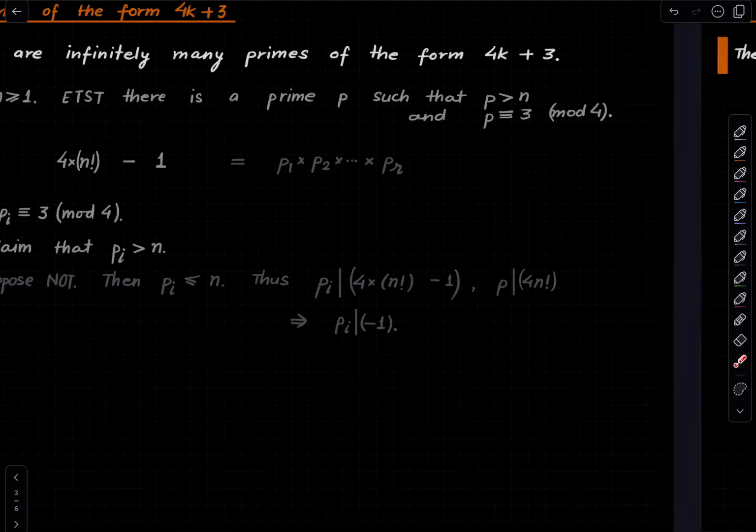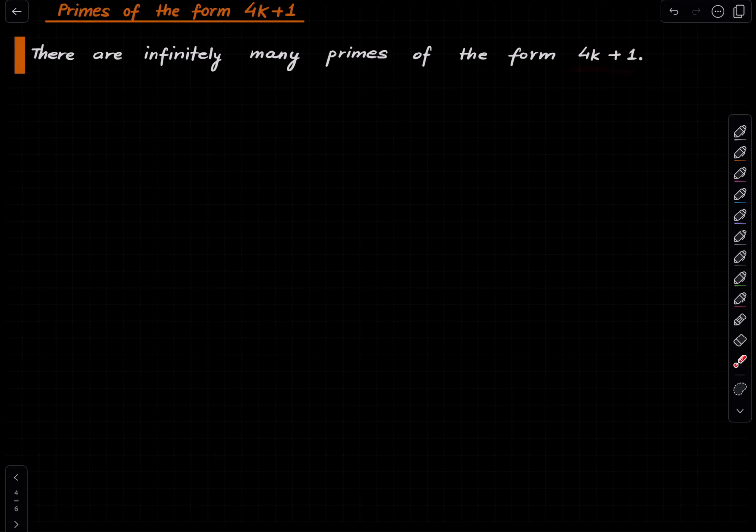Now for the more interesting one, we want to show that there are infinitely many primes of the form 4k plus 1. Alright, I encourage you to pause the video and worry about it. Here is a proof. We may try a similar approach. Just like in the previous proposition, we might consider this number.